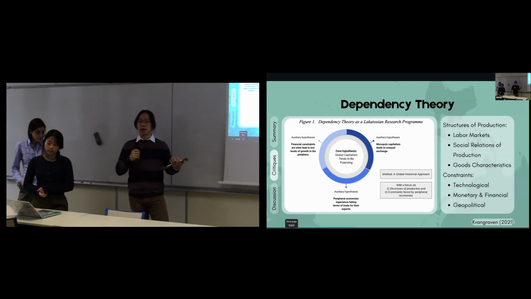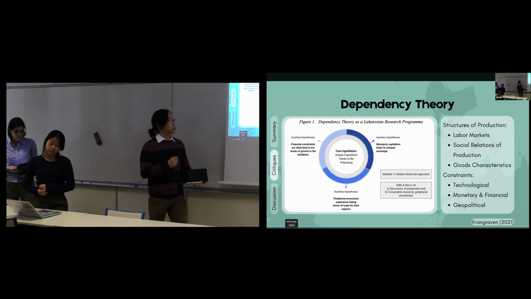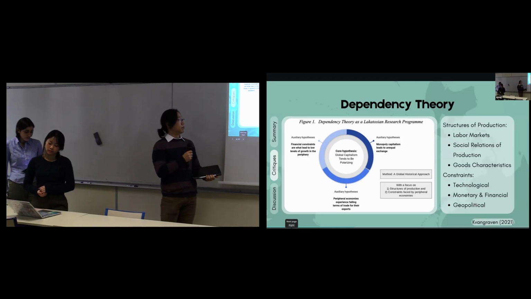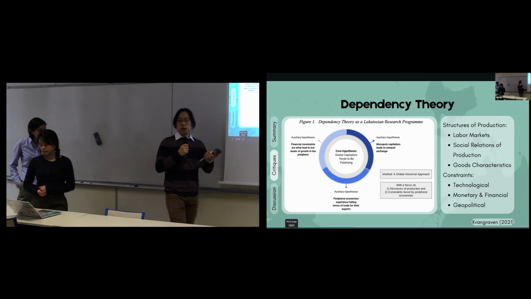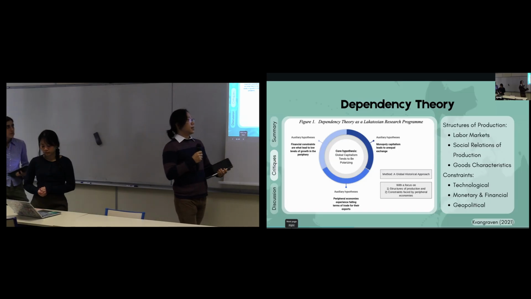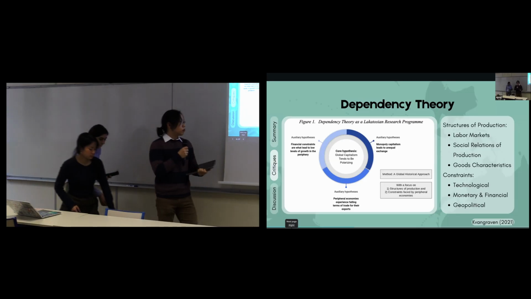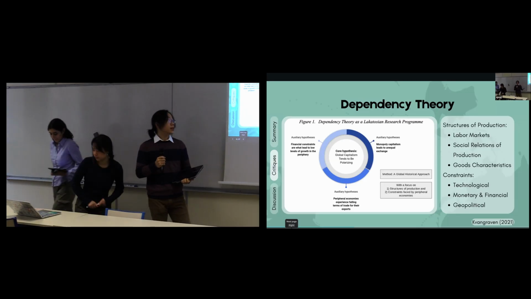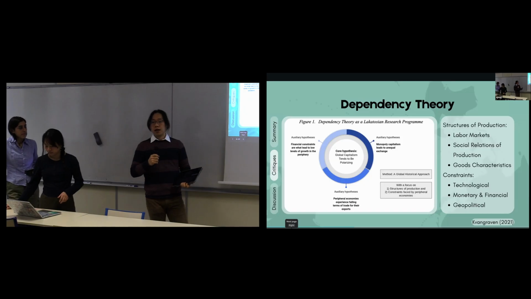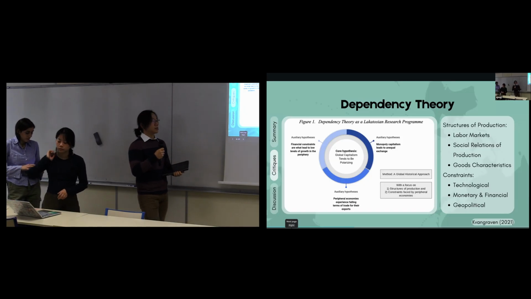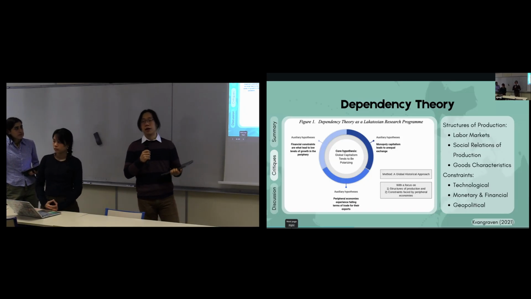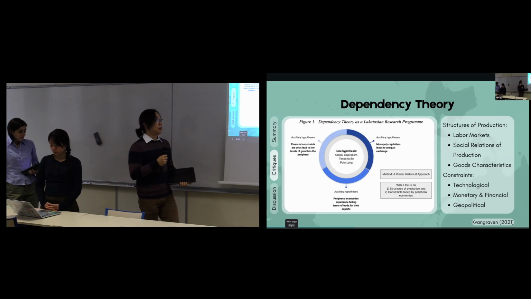So the unequal exchange we see is more a feature than a flaw. Some, but not all, of the auxiliary hypotheses in this framework include the idea that monopoly capitalism leads to unequal exchange, that peripheral economies experience falling terms of trade, and that financial constraints can lead to these imbalances in development that we see particularly in the periphery.